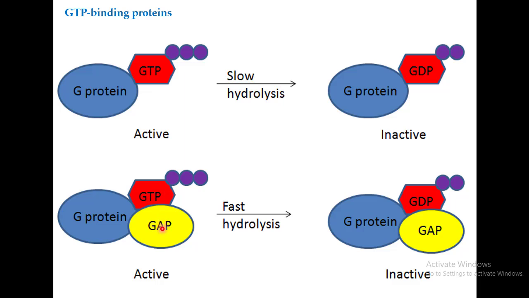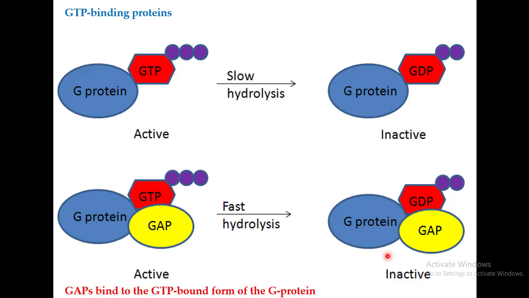And the important thing about the GAP is that they are only going to bind to the GTP bound form of the G protein. They do not bind to the GDP bound form of the G protein. What they actually do is bind to the GTP bound state of the G protein, thereby hydrolyzing its GTP into GDP, thereby making it inactive.